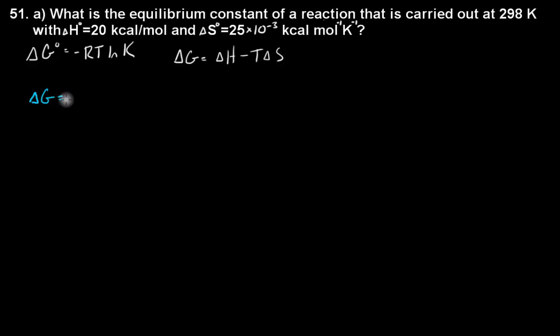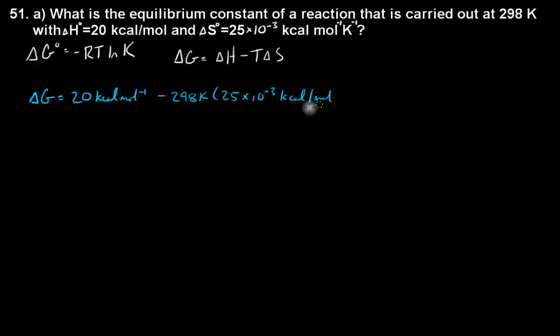So delta G is going to equal delta H, which is 20 kcal per mole. And we're going to subtract the temperature, so 298 K, and we're going to multiply that by delta S, so 25 times 10 to the negative 3 kcal per mole per Kelvin.